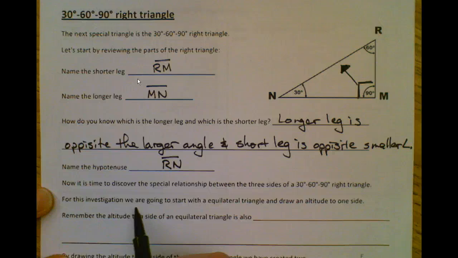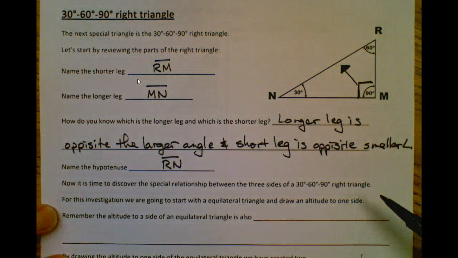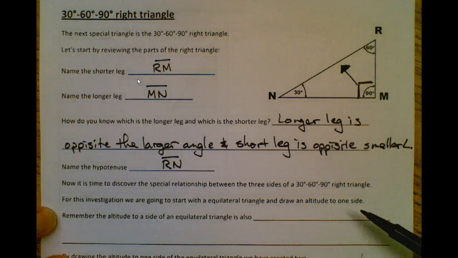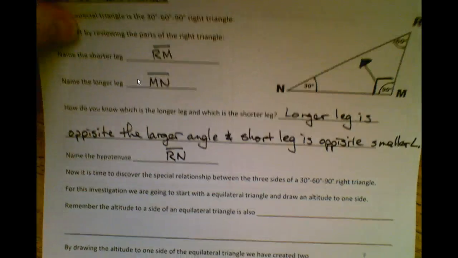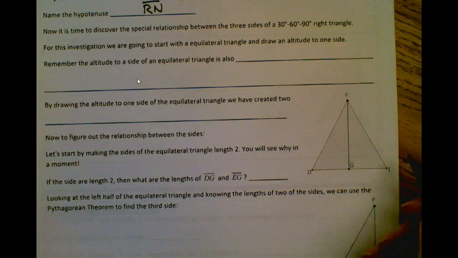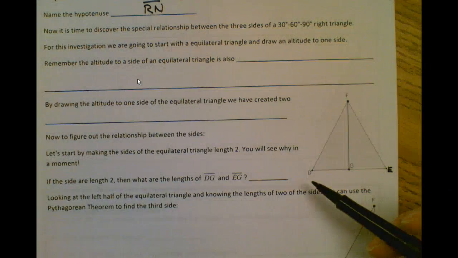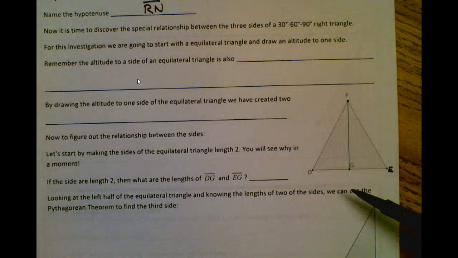Okay, so let's discover the special relationship between the three sides of a 30, 60, 90 right triangle. We're going to start with an equilateral triangle and draw an altitude to one side. So let's take a look at this triangle over here, triangle DFE. So this is an equilateral triangle.